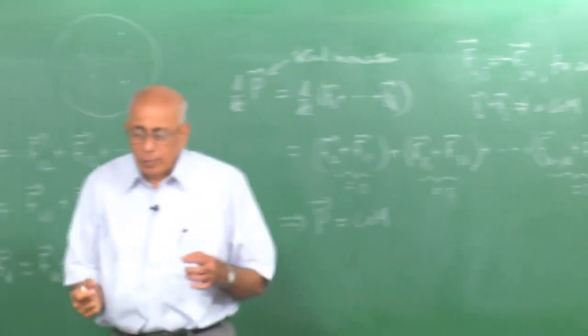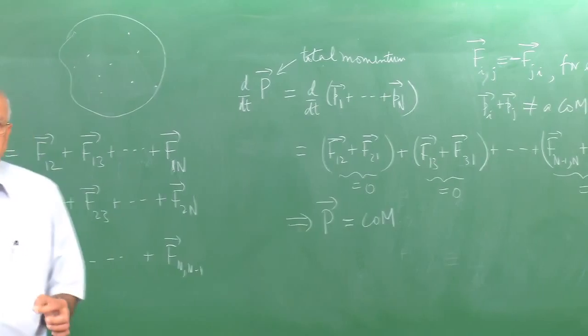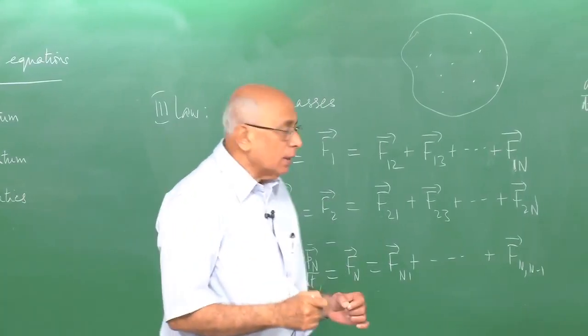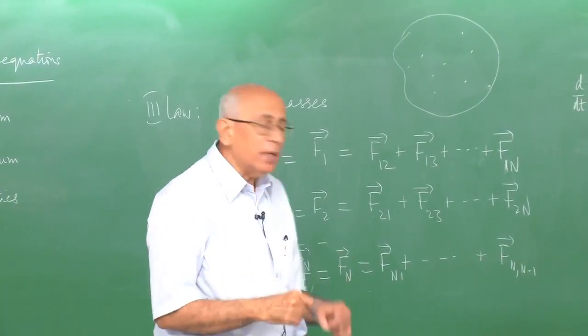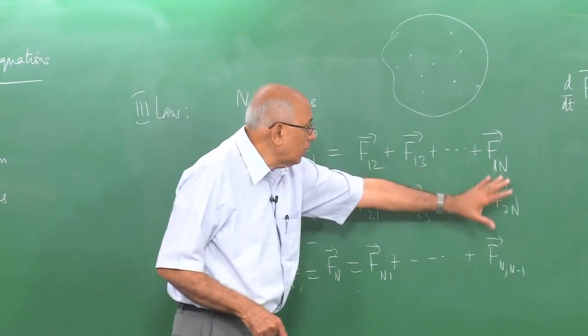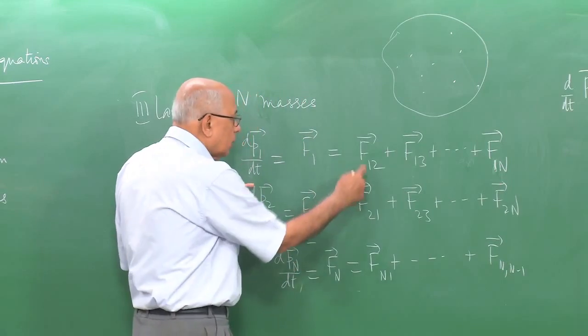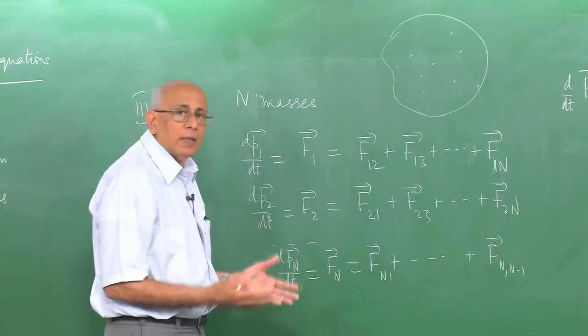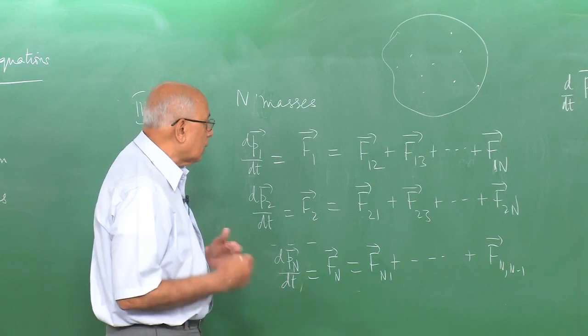So the sum of the momenta of any two particles in the system is not a constant of the motion. That's because each of the momenta is changing due to many forces. As long as all these were absent and you had just two bodies and this was equal to minus that, then the sum of the two momenta was a constant of the motion.